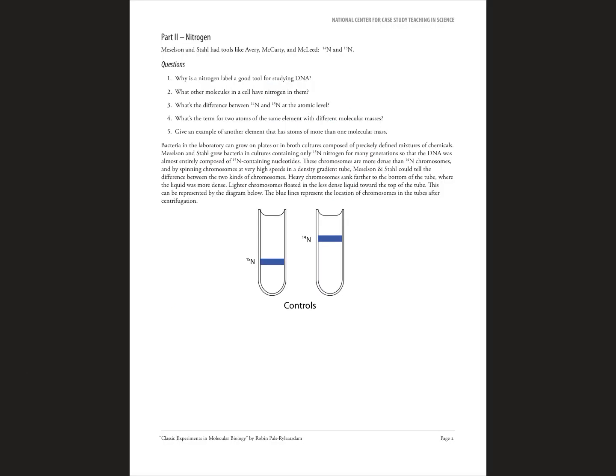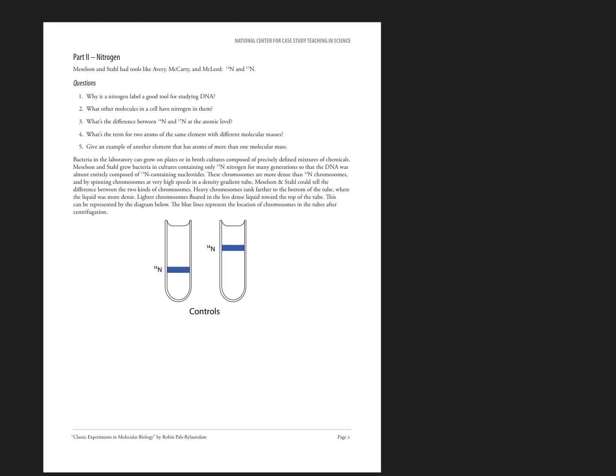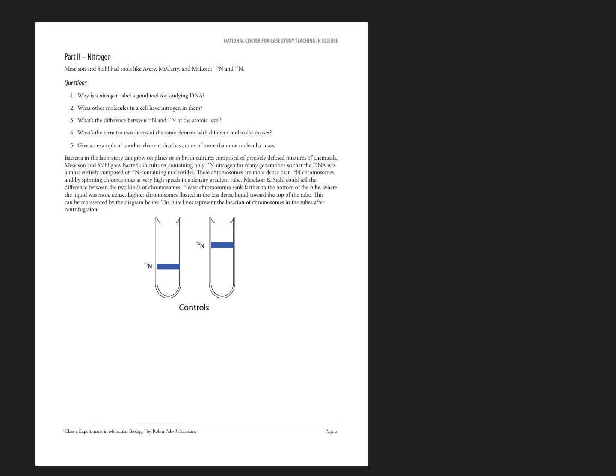So you have nitrogen. You have different isotopes. And we know that, remember, with isotopes the number of protons is consistent. They don't change. They define the element. The number of neutrons, however, can change.